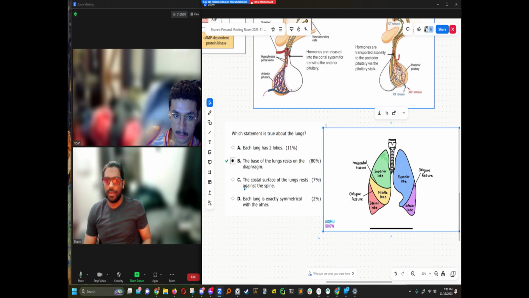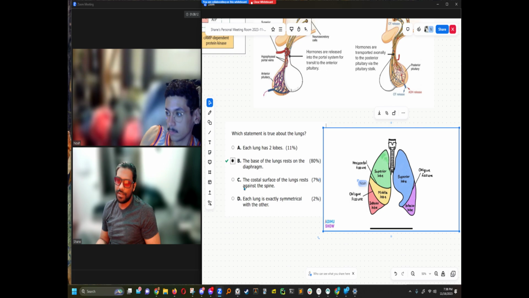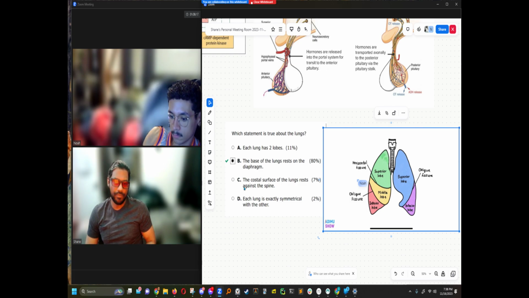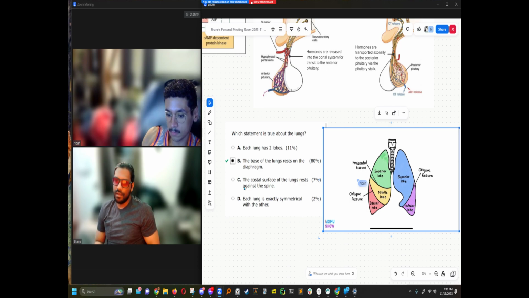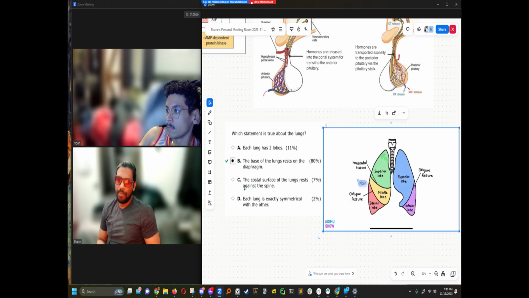Let's start with the left one. The left one has 2 lobes: a superior lobe and an inferior lobe. The right lung also has a superior lobe and an inferior lobe, but there's a new middle lobe, in between the superior and inferior lobes. So for this question, each lung has 2 lobes is only true for the left lung.